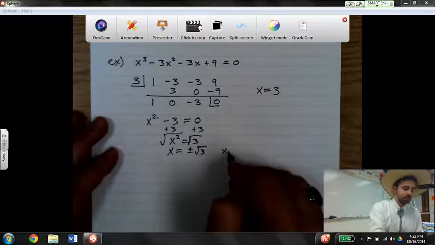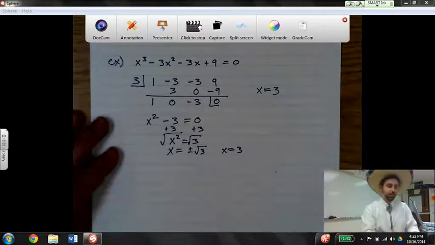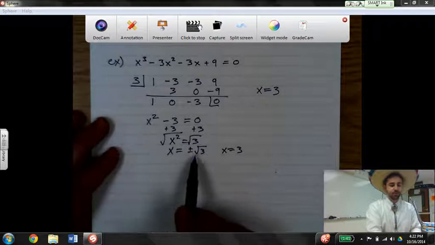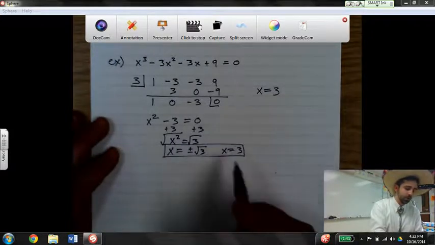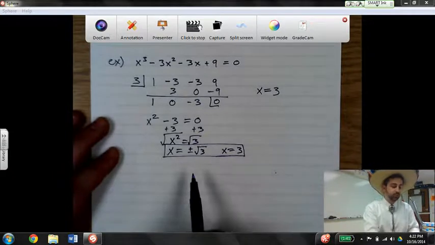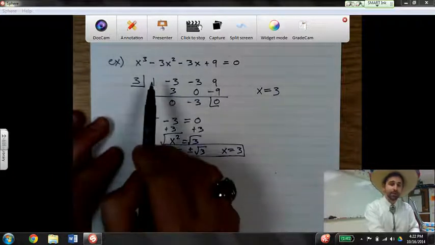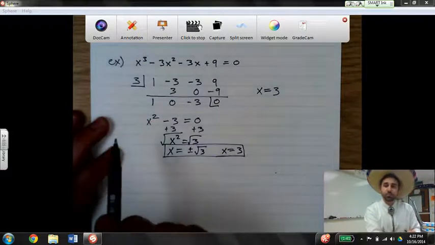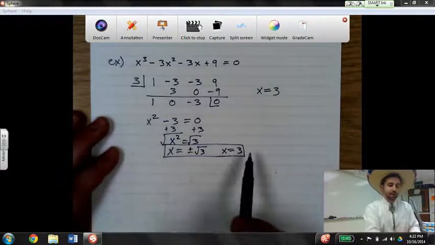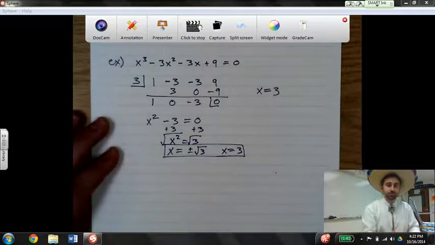So the roots in my polynomial are x equals plus or minus square root of 3 and x equals 3. Notice I have 3 solutions, and looking back at our polynomial, the degree of the polynomial was 3. So since the degree was 3, I'm given 3 solutions.